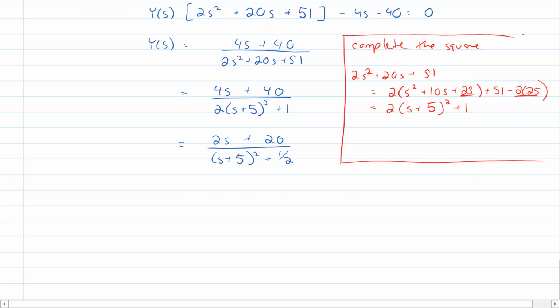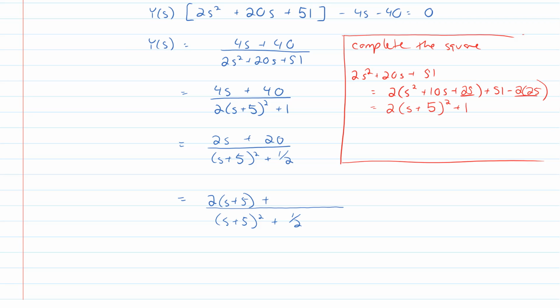Now, this is starting to look like what we'd like, except what we really want is something that looks like 2 times (s + 5) plus some other constant term, over (s + 5)² + 1/2, because we want the (s + 5)² in the bottom to be matched with an (s + 5) on the top, so that it looks like a cosine that's just been shifted. So we have to figure out how to make this work.